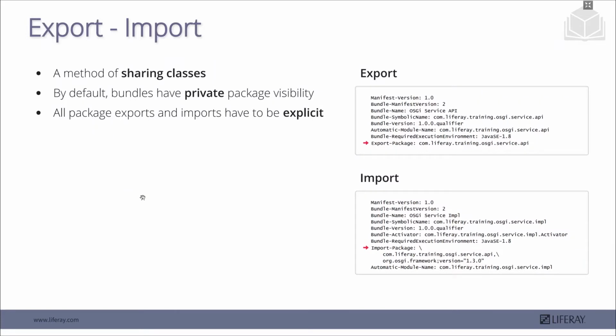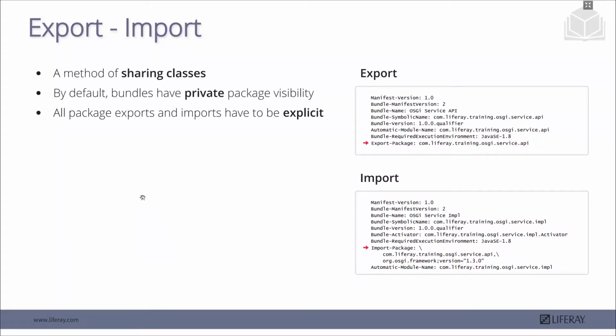The most important header, or the most commonly used header we're going to be using, is export-import, so Export-Package or Import-Package. This is the way we can share Java classes amongst the different bundles by exporting the whole package and everything in it. So this is very explicit.